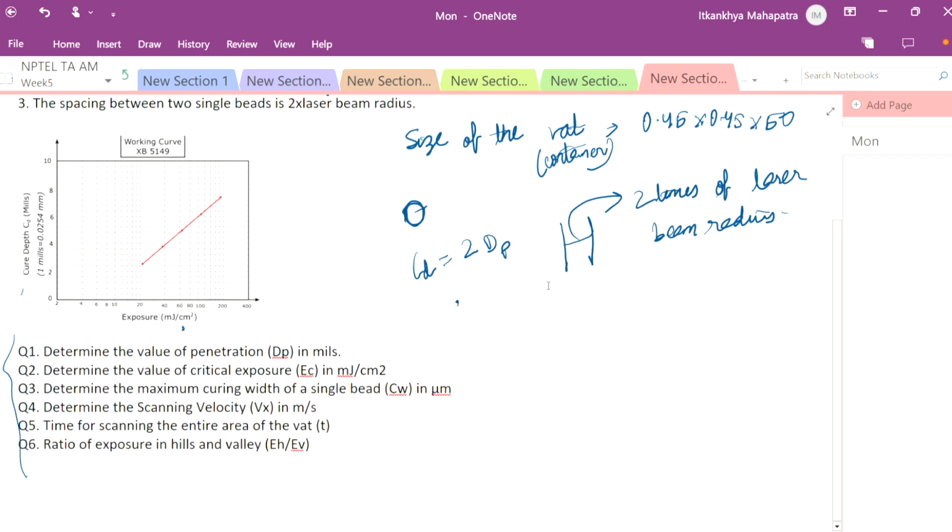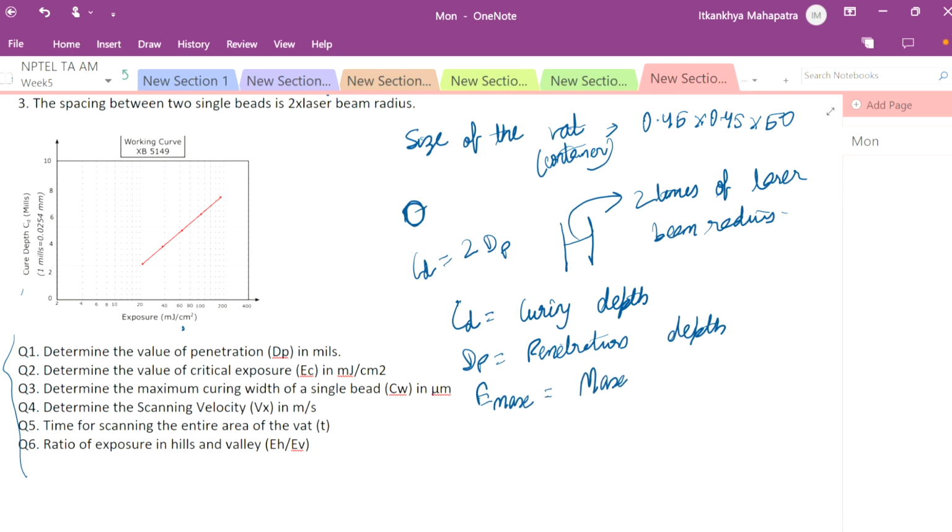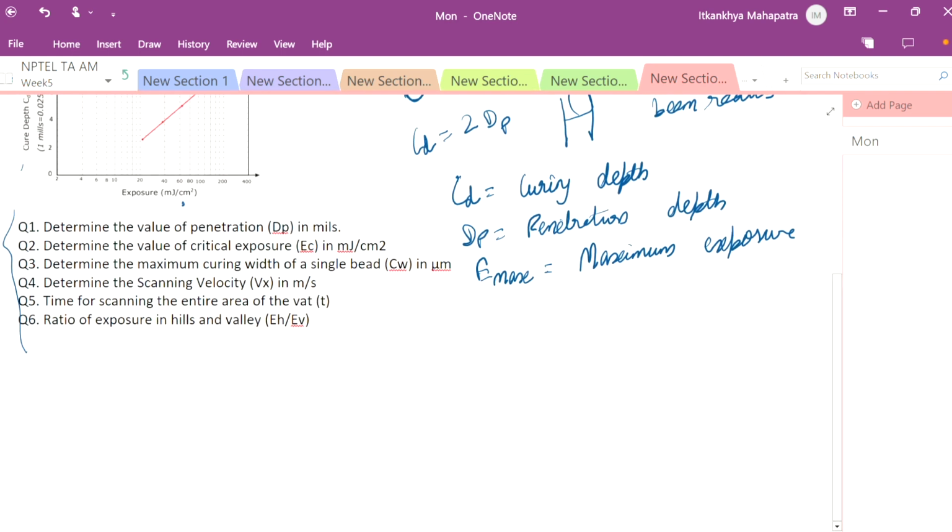So CD is the curing depth, DP is the penetration depth, E max is the maximum exposure, and EC is equal to the critical value of the exposure, which we don't have, we have to find out.